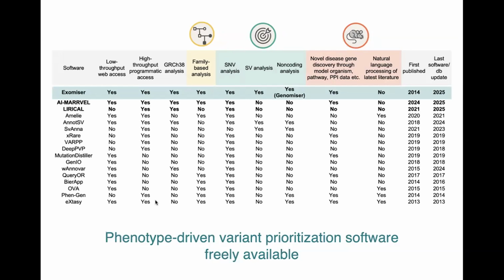It also enables the joint reprioritization of both single nucleotide variants and structural variants, and through its Genomiser component can also evaluate non-coding variants, including enhancer, promoters, untranslated region, and deep intronic variants. Importantly, Exomiser also integrates diverse biological evidence such as model organism data and protein-protein interaction networks to support gene prioritization.